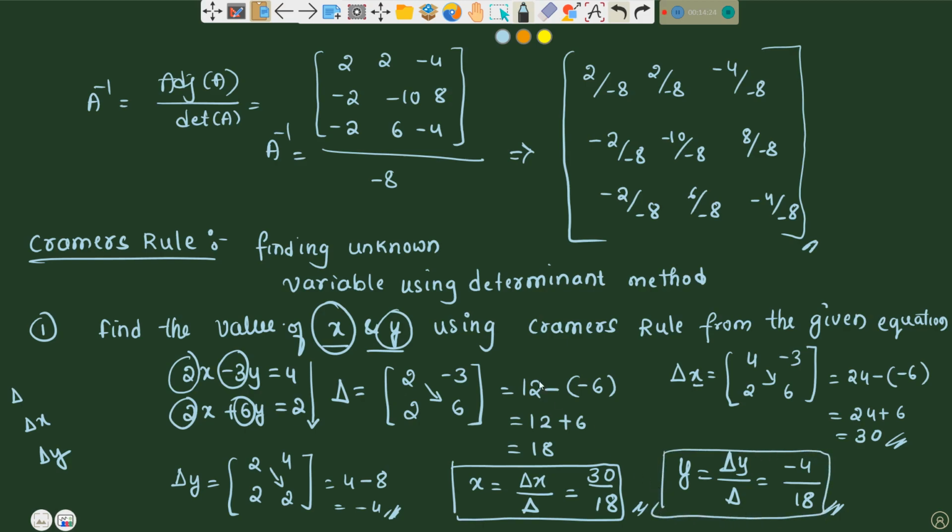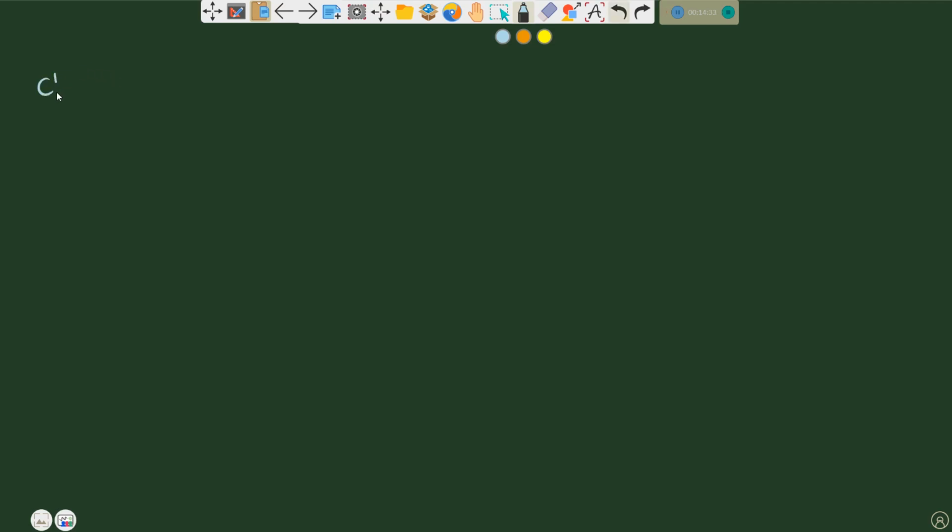Correct? So next, if we talk about characteristic equations, how to solve characteristic equations and their roots. The problems will be in this format.